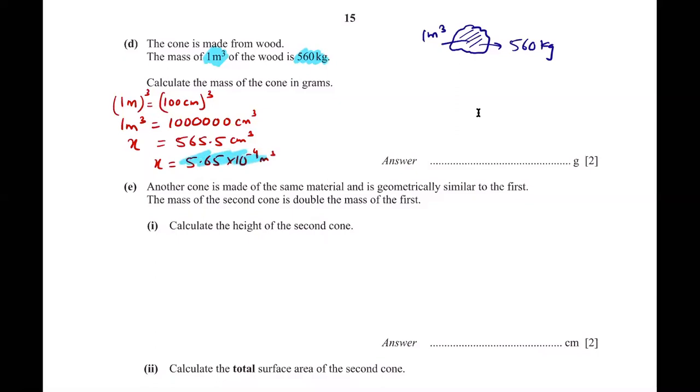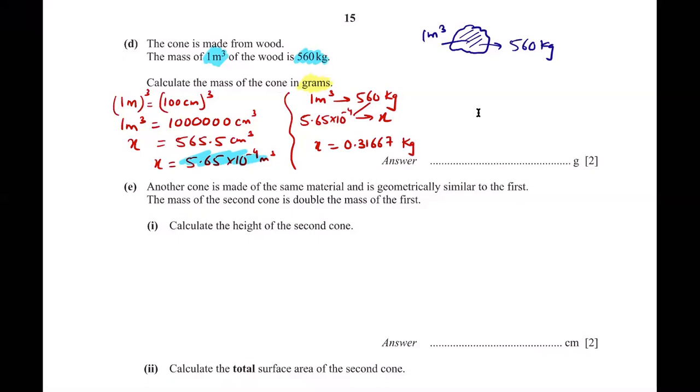So now you know the comparison that 1 meter cube has 560 kg as a mass, then 5.65 into 10 to the power of minus 4 will have what mass? So if you multiply this by 560, you get 0.31667, and this is in kg, but they want the answer in grams.